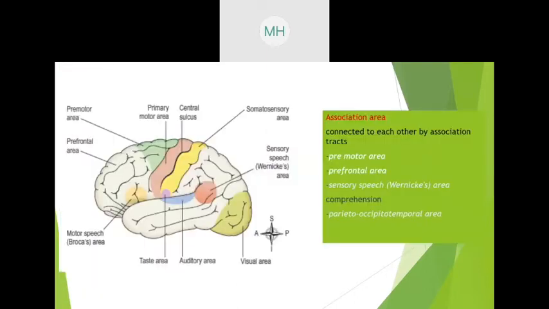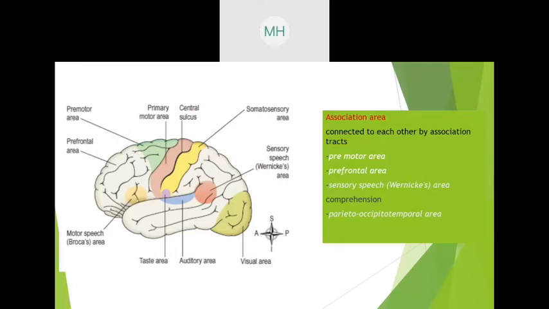Next is association area. Association area is the parts of cerebral cortex that receive inputs from multiple areas. It integrates incoming sensory information and forms a connection between sensory and motor areas, because they are involved in organizing information that comes from various other areas of the brain.